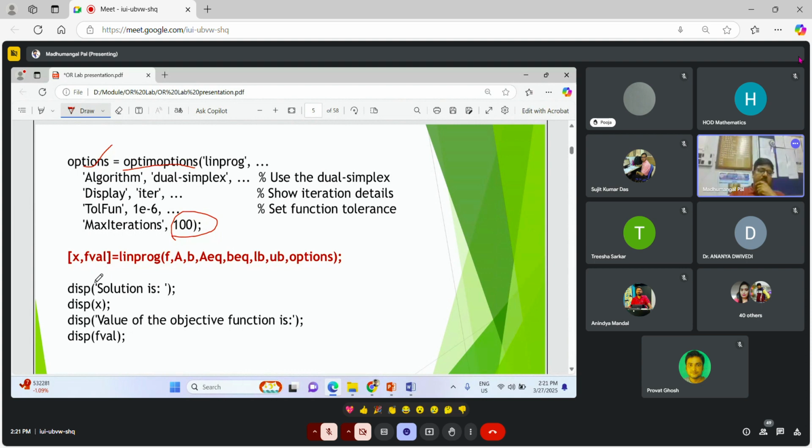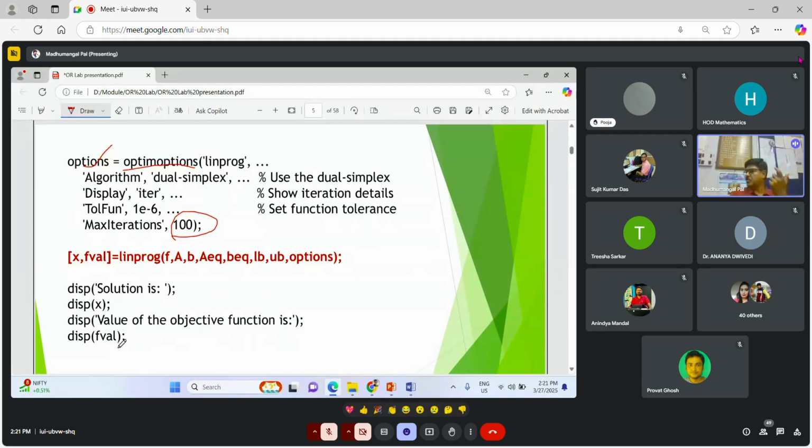This is sufficient. After getting the x and f values, that means the solution vector and the value of the objective function, we can show the result using the display function or a printf function, which are output functions. So display solution is, then the vector x will be printed, and display value of the objective function is, so a print.